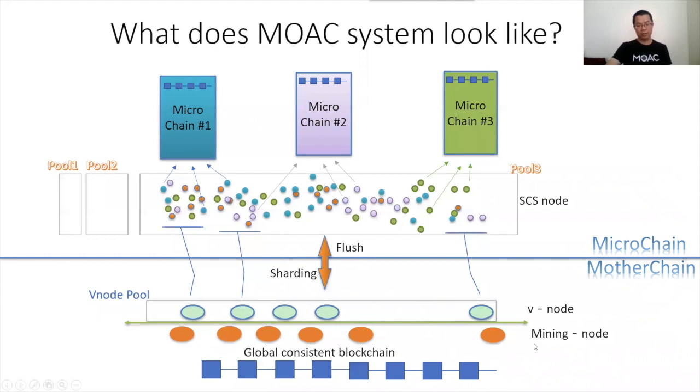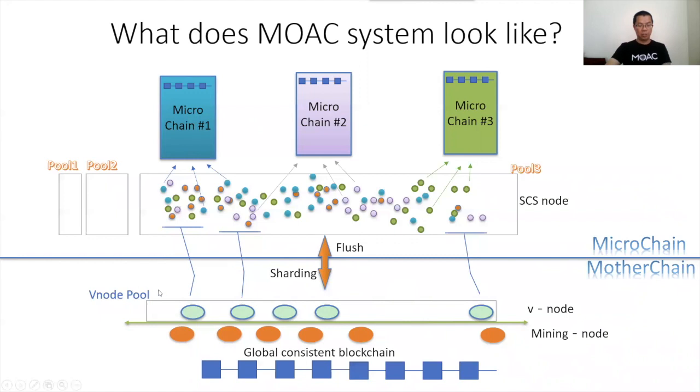One is mining nodes, and the other we call V nodes. Basically they're the same. They install the same program, the same application. Just one has GPU capability, so they can do mining, and the other probably does not have a GPU, so their mining is meaningless. But in our system, they can provide an access point for the top layer.